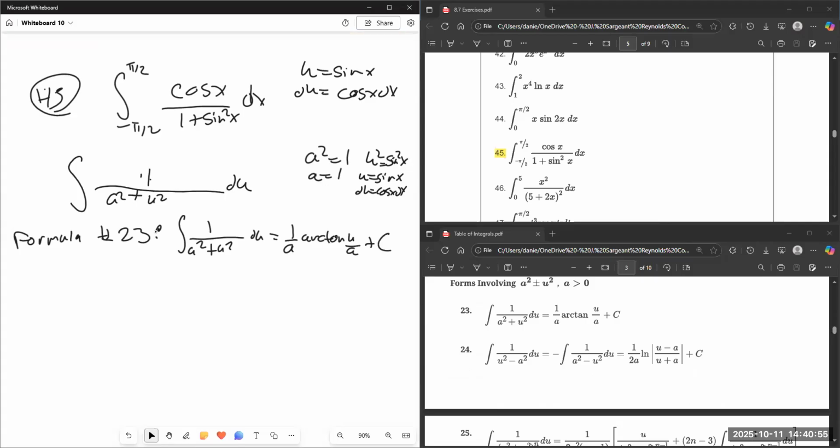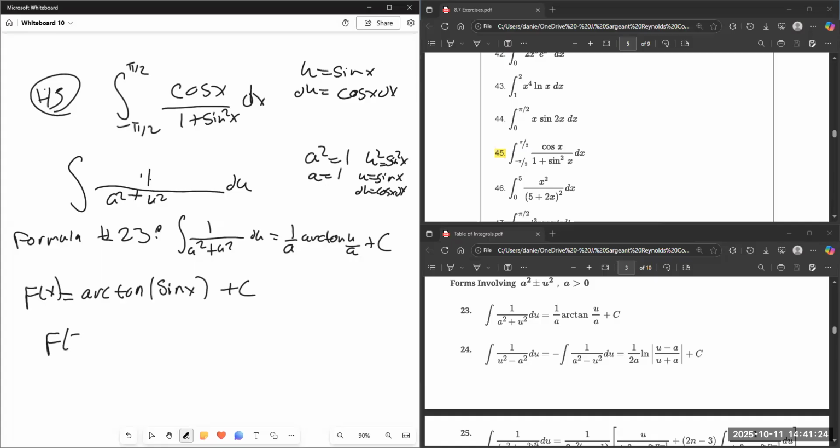We have 1 over 1 is 1. So this will be equal to arc tangent of u is sine of x over a is 1, and I don't need plus c. That's what my indefinite would be. So this is my capital F of x, or my lowercase f of x here.